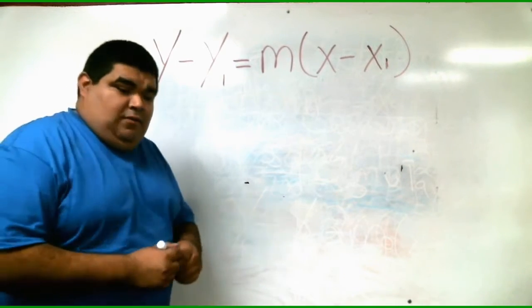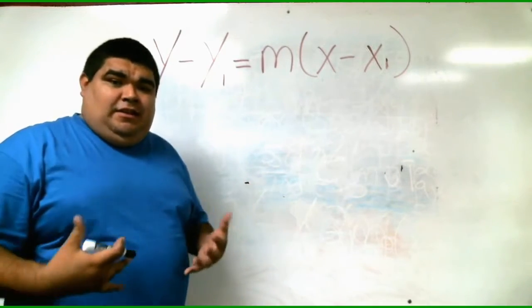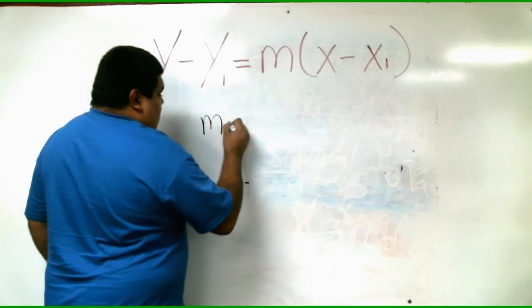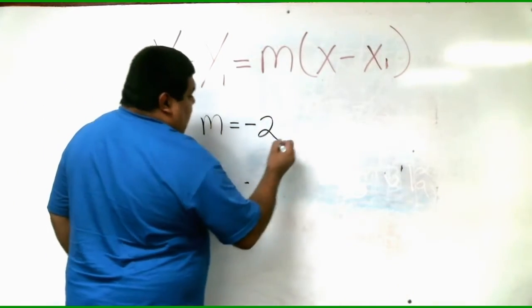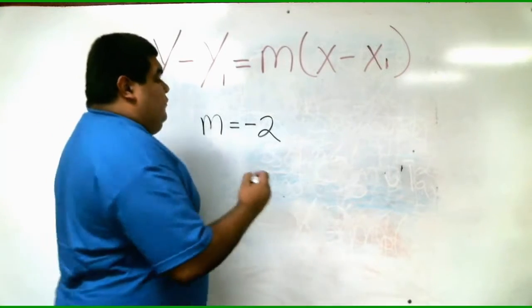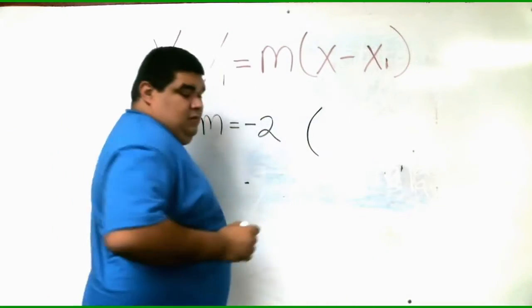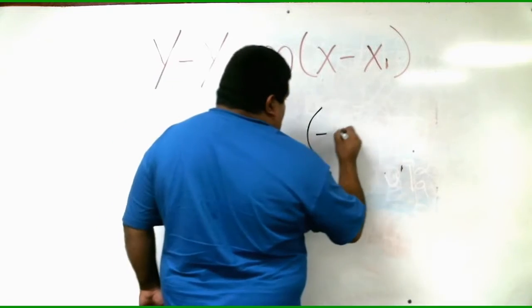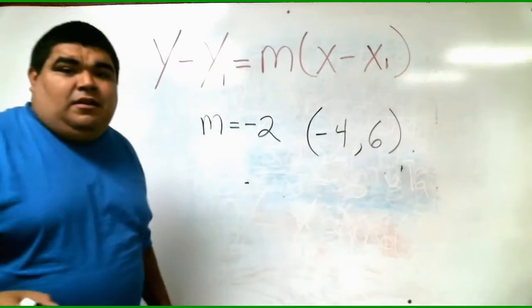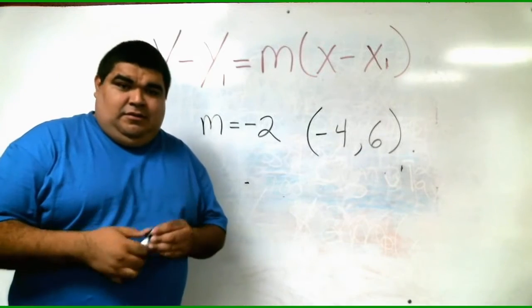All right, guys. So the example for today is we have a slope that equals -2. And then we have a coordinate that passes through the point -4 and 6. Okay? It passes through that coordinate.